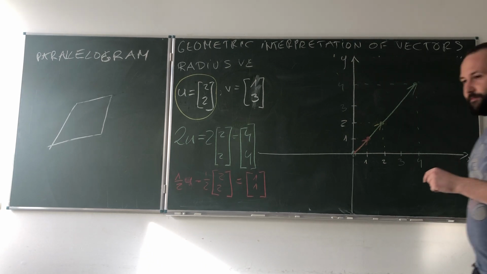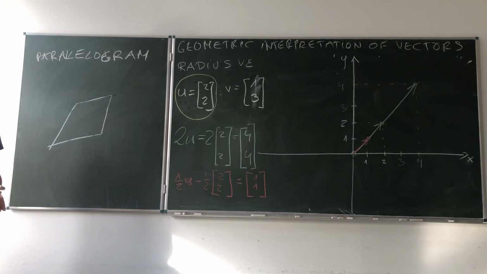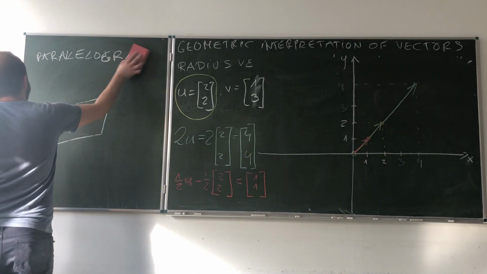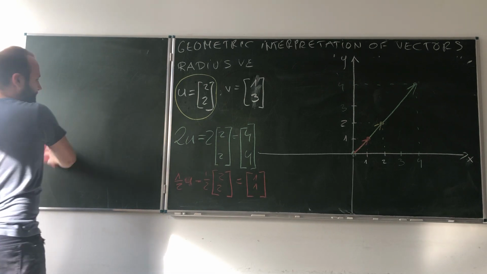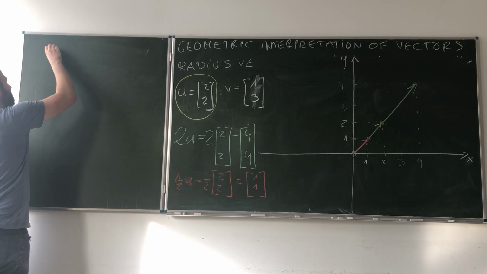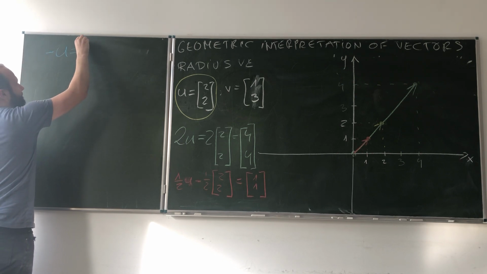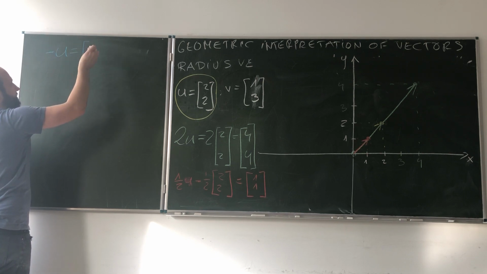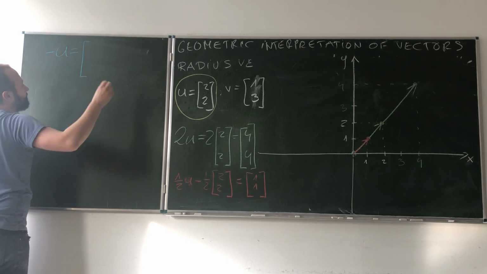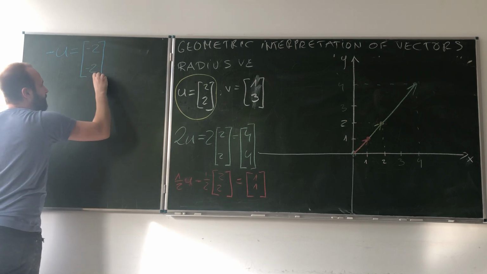We can do more. What if now I would be interested in drawing vector negative u? That would be simply -1 times 2, 2, so -2, -2.